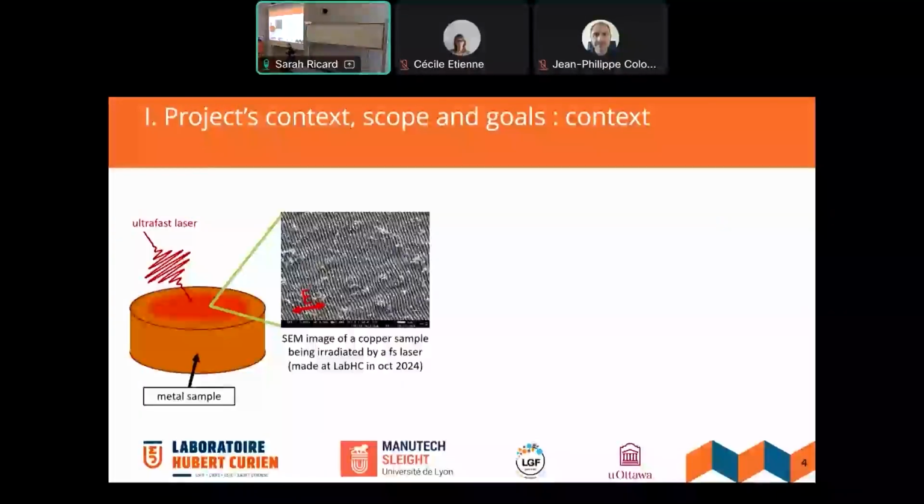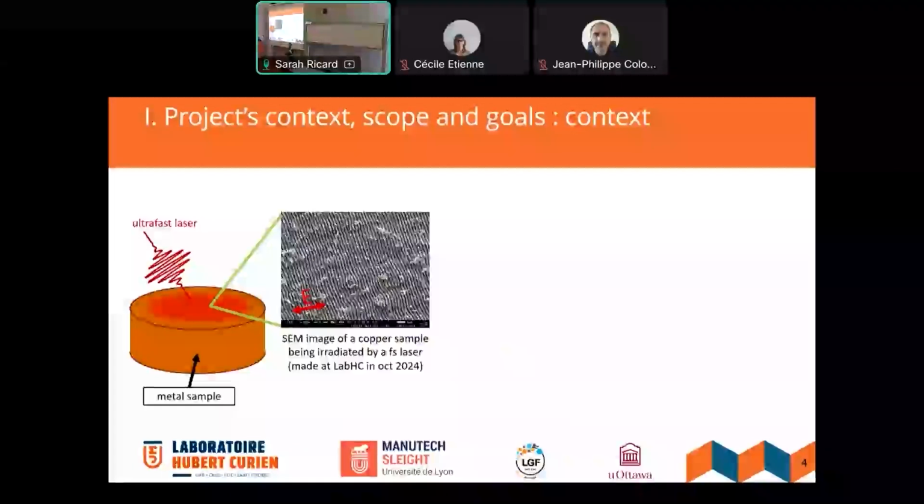So as you know, when you use an ultrafast laser on a sample, here metal in the scope of this project, under certain parameters, under certain conditions, you can get what we call LSFLs, LIPSS, meaning laser-induced periodic surface structures. There's an example.